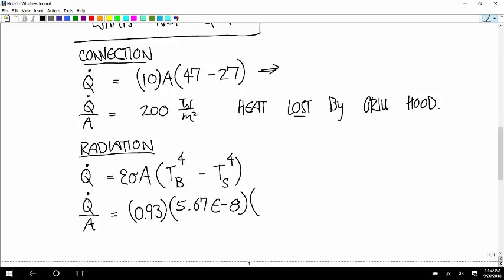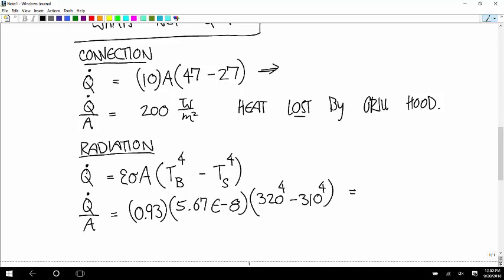And then we need these in Kelvin. So the temperature of the body in Kelvin, what's 273 plus 47? 320 to the fourth, minus 310 to the fourth.